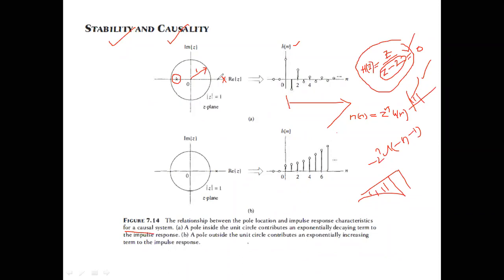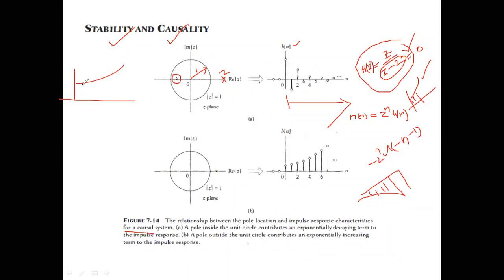ROC of a stable system includes the unit circle. And the second thing the author is telling is, if there is a pole inside the unit circle, then the causal system is stable. Now see here, is this pole inside the unit circle? This is the unit circle. This is having a radius of 2. This is straight away outside. So that is why you can see 2 to the power n into u of n.